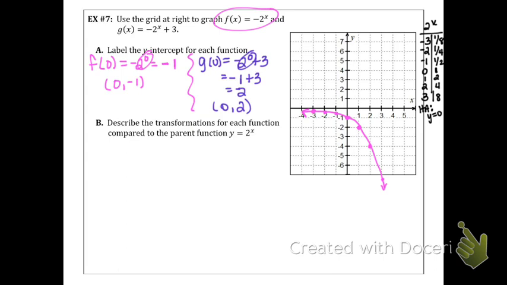And when I reflect, even though it does affect my y's, negative 1 times 0, which the horizontal asymptote was at, doesn't change it. It's only going to change if it has a vertical shift up or down.